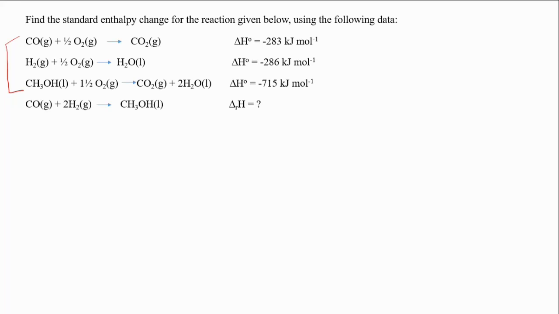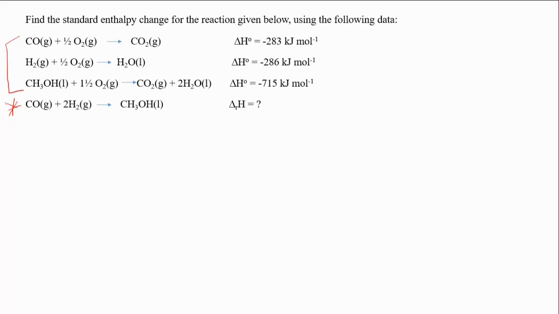How do you do this? What you need to do is examine the equation that you are given, the one that you are being asked to find the enthalpy change for. Then look at the equations that are given, those that you have enthalpy change values for, which are these equations up top.